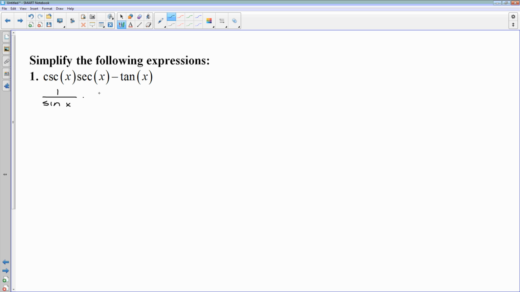I know that secant is the same thing as 1 over cosine. And I know that tangent is the same thing as sine over cosine. So all I've done is use my identities to turn each of these 3 functions into sines and cosines. If you're multiplying 2 things, that's 1 over sine x cosine x, minus sine x over cosine x.